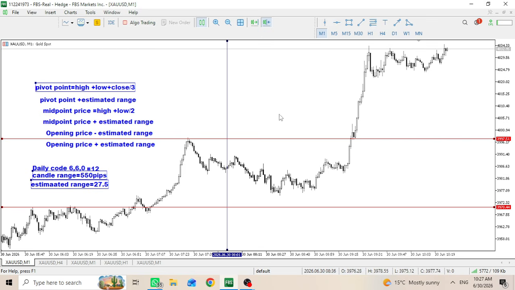I want us to use the opening price. This is what I've been teaching you. Opening price plus estimated range, or the opening price minus estimated range. From episode 1 to now, you are aware of this and how they work and how you go around them.